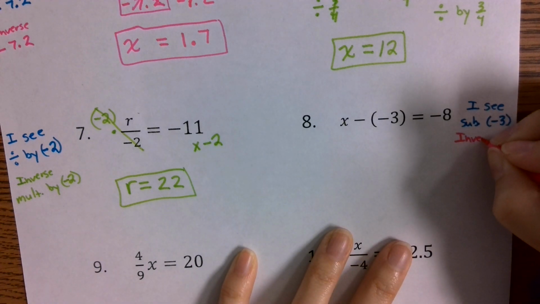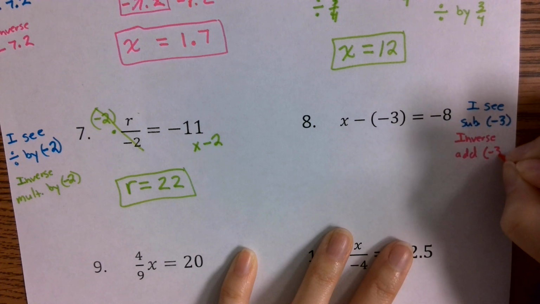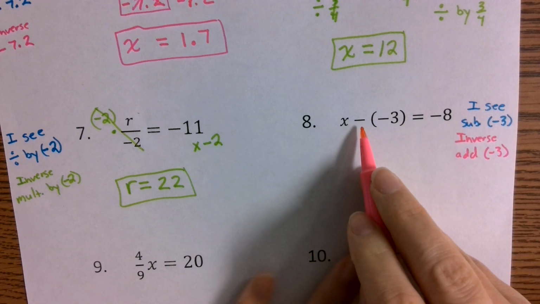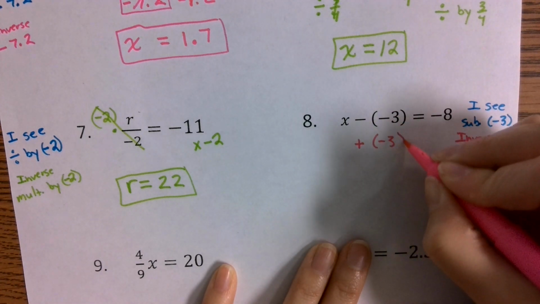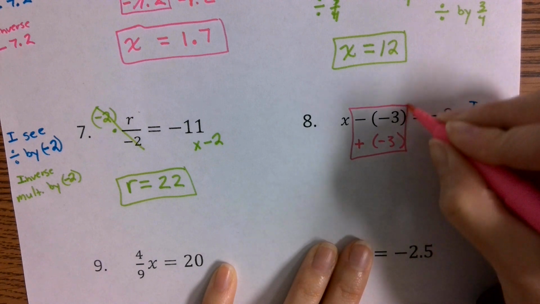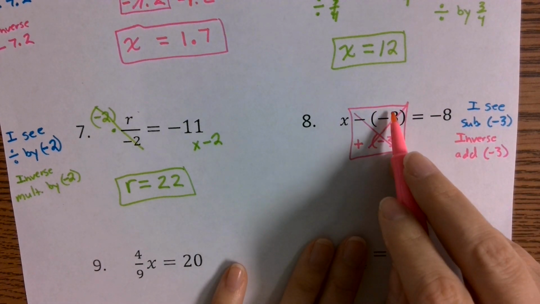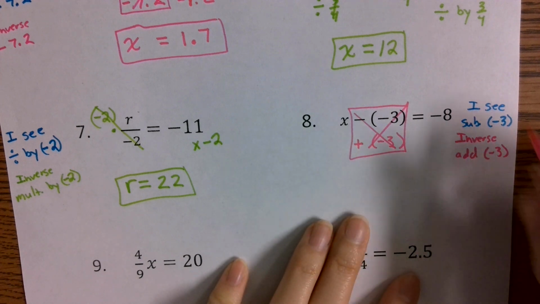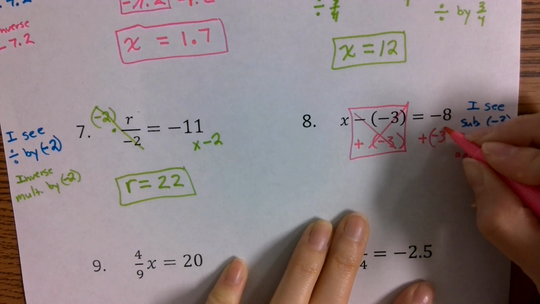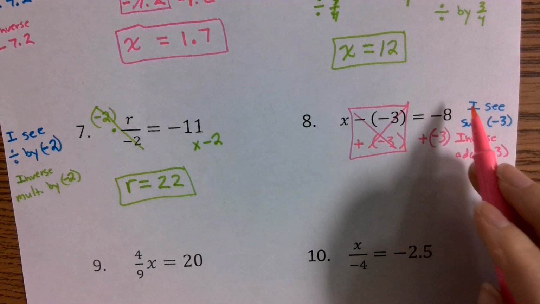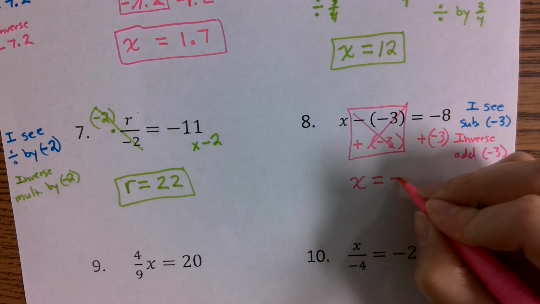I'm going to add a negative 3 to both sides. So when I add a negative 3 to the negative 3 here, or subtract a negative 3 and add a negative 3, those cancel out. And then I'm going to add a negative 3 to that negative 8. What's negative 8 plus negative 3? Negative 11. Good.